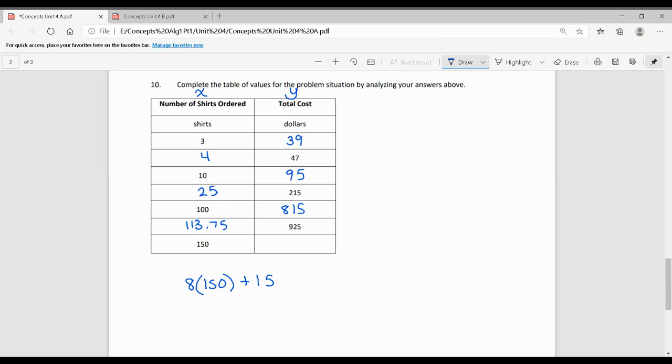So 8 times 150 is 1,200 plus 15 is 1,215. So that last column can have 1,215. Okay? So please make sure you have this chart copied exactly correctly, and then you may head off to lunch. We'll see you guys in a little bit.